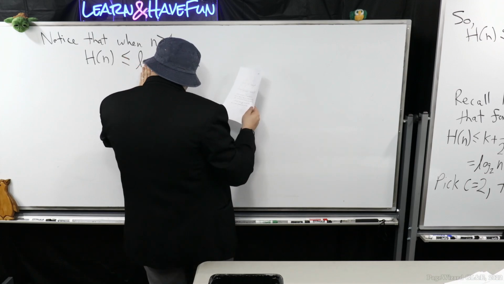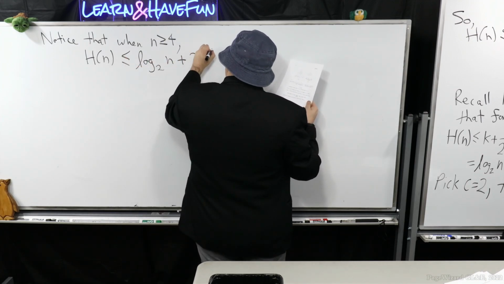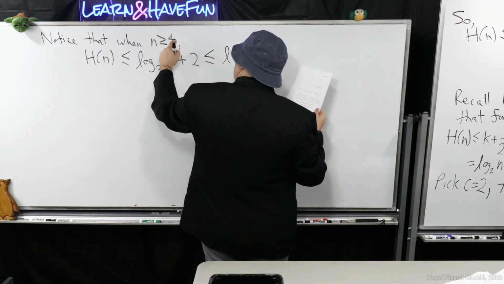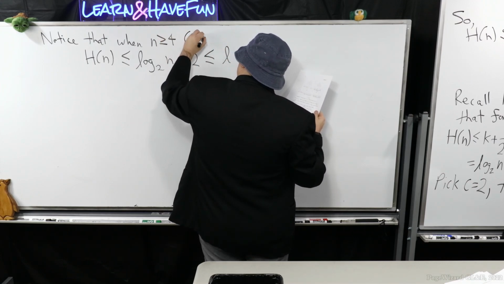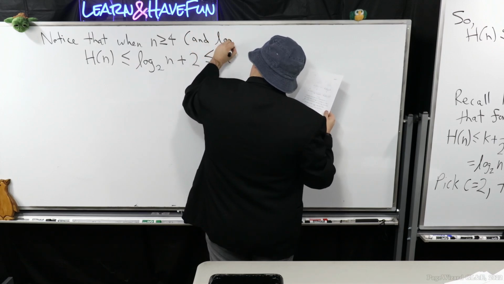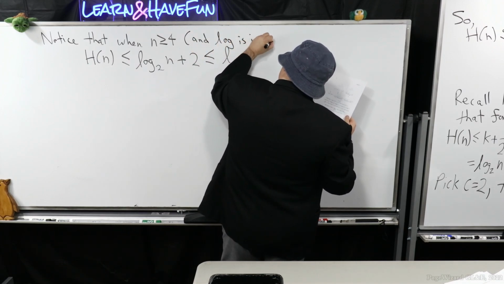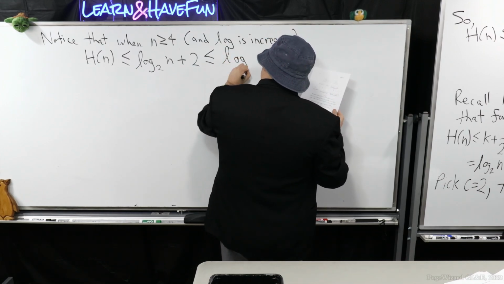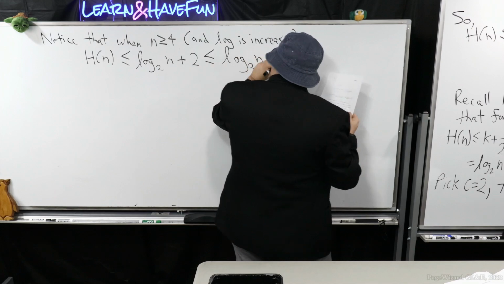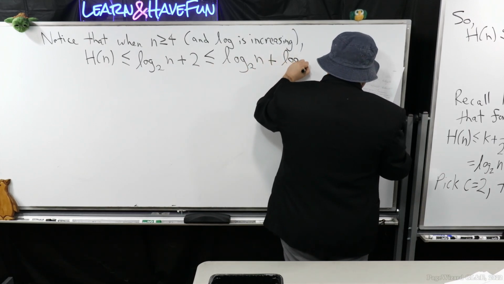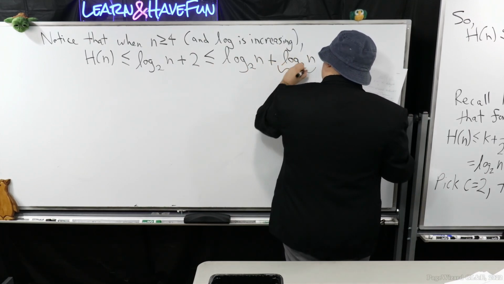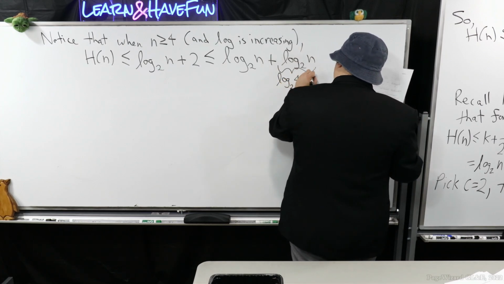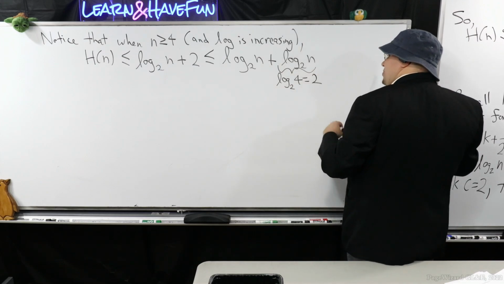I should also mention, if we pick n greater than or equal to 4, and log is increasing, that's another reason for what I'm doing here. This is less than or equal to log base 2 of n plus log base 2 of n. This is because log base 2 of 4 is equal to 2. So that's why I picked 4.